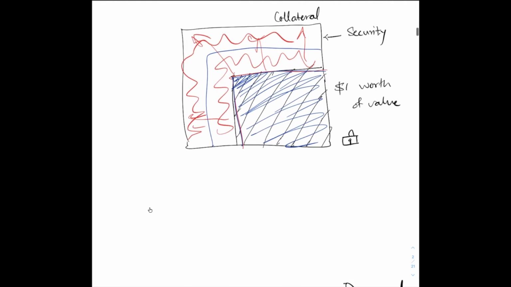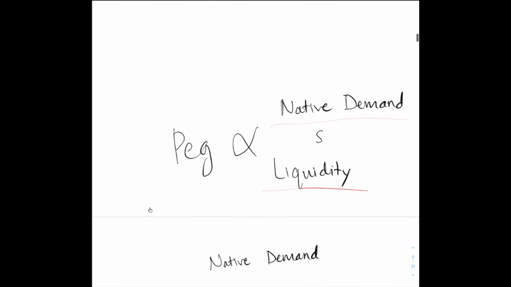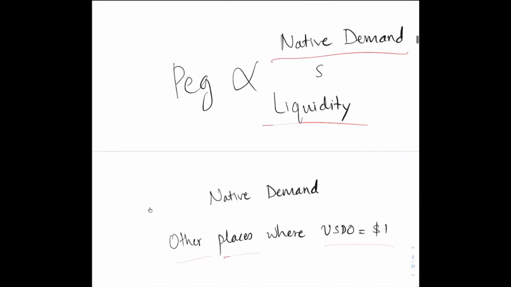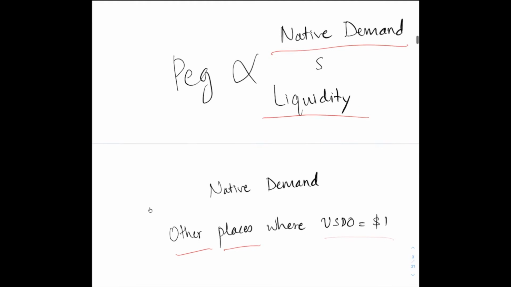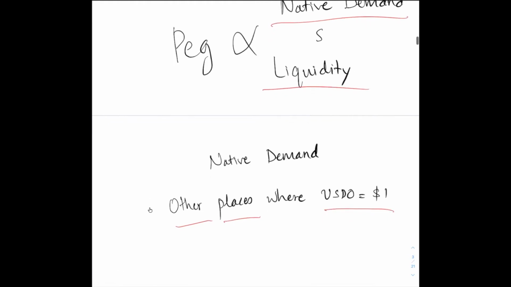Now the peg is a function of the native demand for USDO and liquidity. Native demand basically means other places and people who are willing to accept USDO at $1.